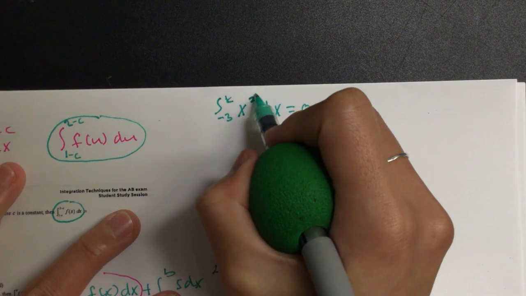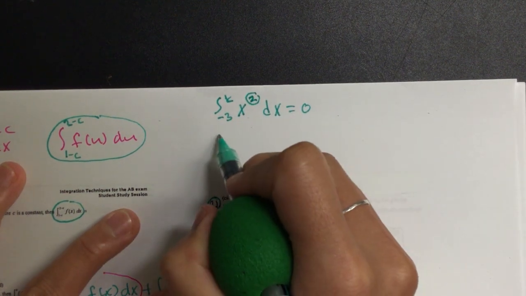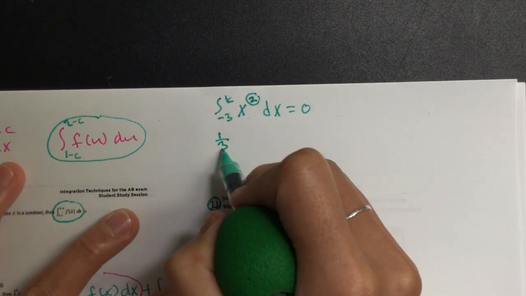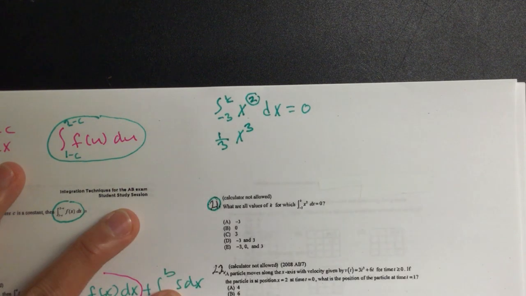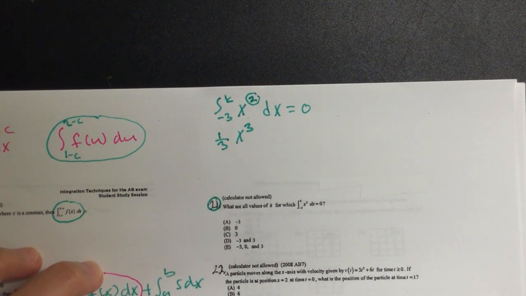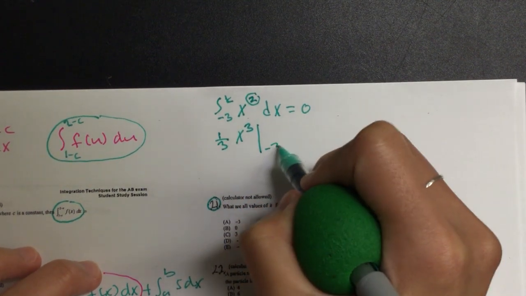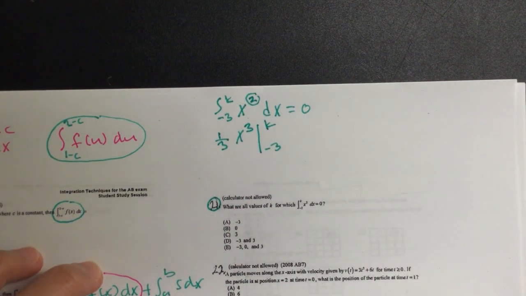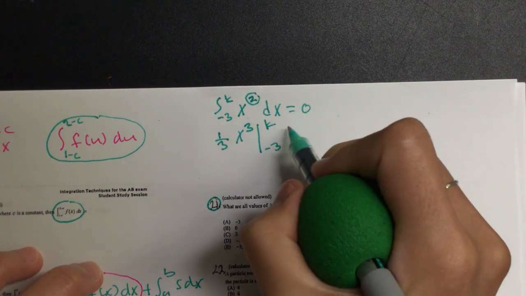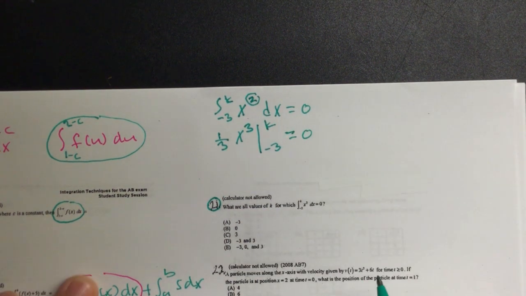Okay, when integrating, it's one more of that, but 1 over. So we have 1 over, 1 more of that is 3, x cubed. Ali, are you writing with me? Let's do it. So we're going to go from negative 3 to k. And we do need to set this equal to 0.